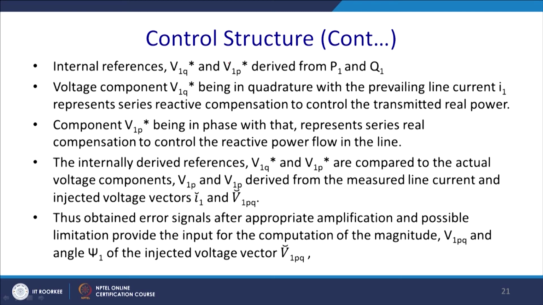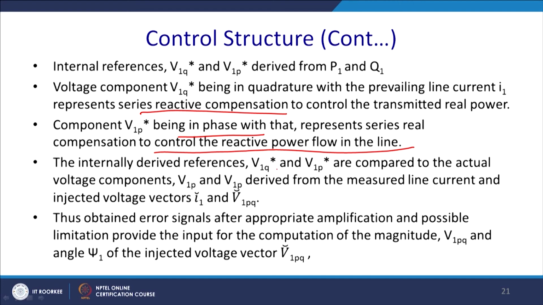The component V1Q, being in quadrature with the prevailing line current I1, represents the reactive compensation to control the transmitted real power. The component V1P, in phase with it, represents the series real power compensation to control the reactive power flow of the line. So, it is a cross relationship.